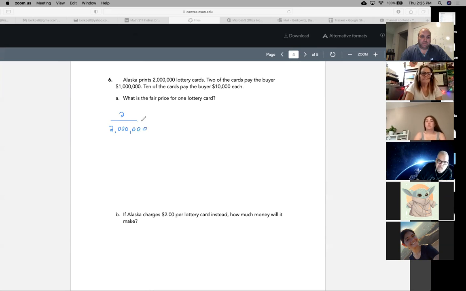So the probability of winning $1 million times the amount that you win, which is $1 million, plus the probability of winning 10,000. Well, 10 of the 2 million cards have 10,000.